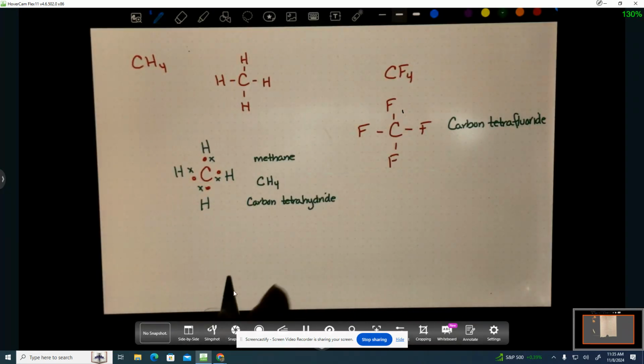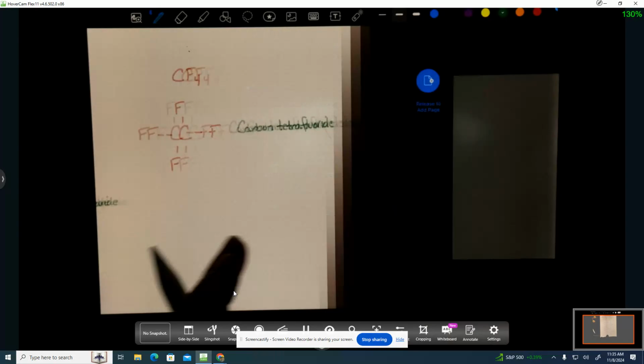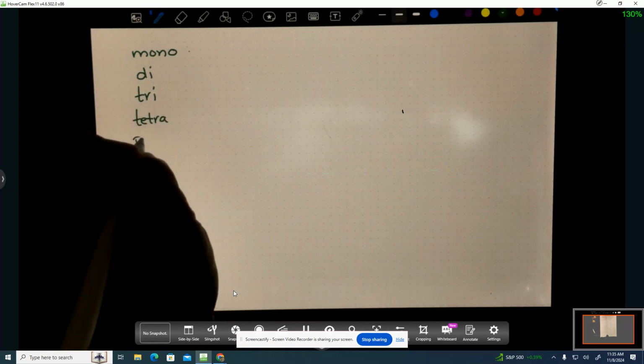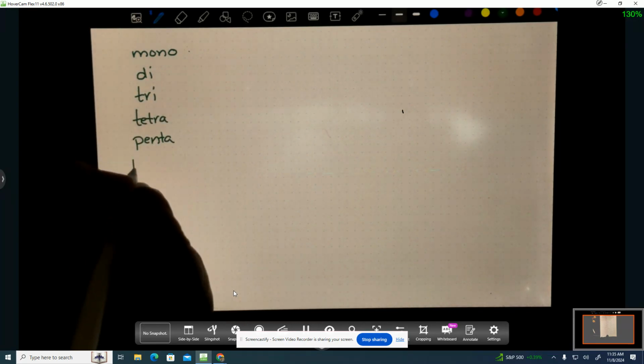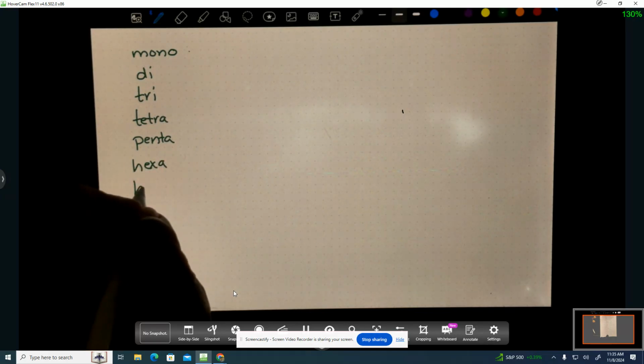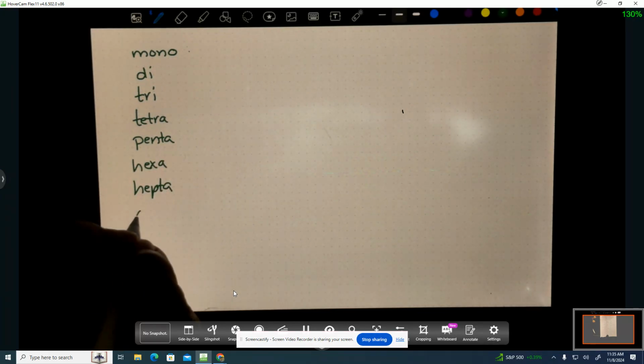So when we're naming covalent compounds, you are going to name them with the prefixes. What I mean by prefixes, I'm talking about mono, di, tri, tetra, penta, hexa, hepta, octa, nona.